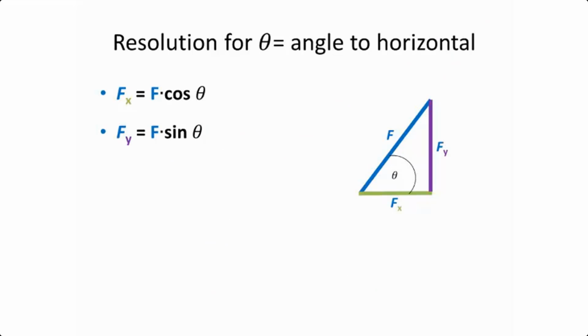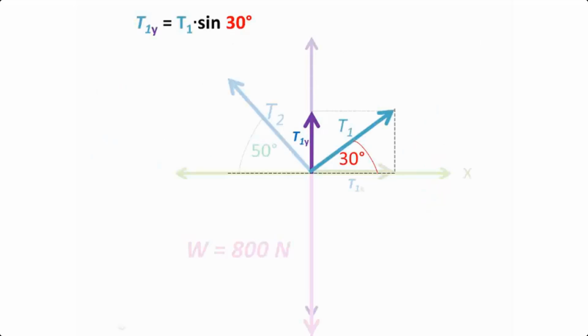Now what about the vertical component of T1? We find that by multiplying T1 by sine of 30, because 30 is the angle to the horizontal. So in effect, we are moving T1y to make this triangle here, where we're going to use opposite over hypotenuse, sine 30. Because obviously, these two sides are equal to one another. On our calculator, we type 30 sine. We find the answer is a half.